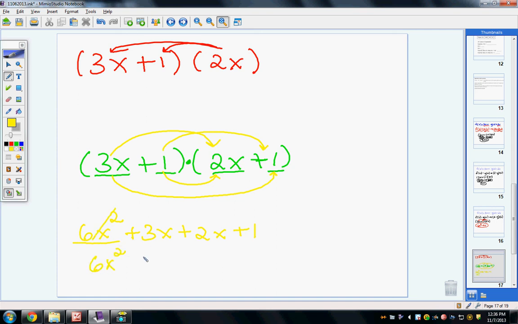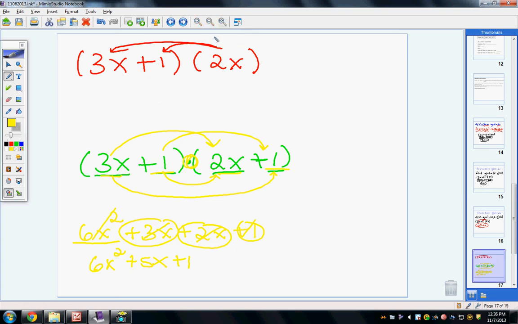Then I've got a positive 3x and a positive 2x, which is equal to positive 5x. And then I'm just left with a positive 1. Okay, I just want to make sure you understand that FOIL is only when you're multiplying, and it only works if you have two terms in each parentheses. Really it's just a way to help you remember to distribute. If you can just remember to distribute when you're multiplying, you don't even have to think about FOIL.